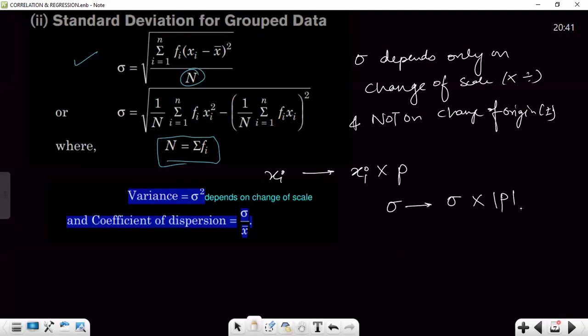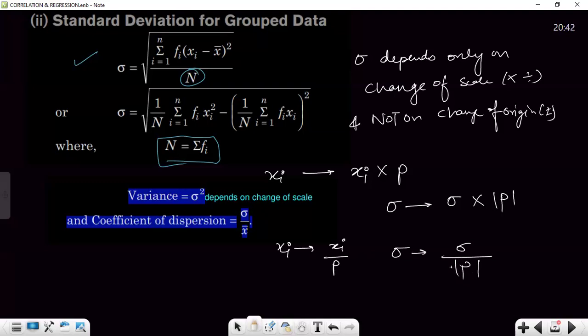This is literally very important because most YouTube lectures just write p there, and they miss the fact that standard deviation is actually the square root, and if there is a square root, then only a positive value will come out of it. And if every element is getting divided by p, standard deviation will also get divided by the modulus of p. That's why I first taught you about the variation.